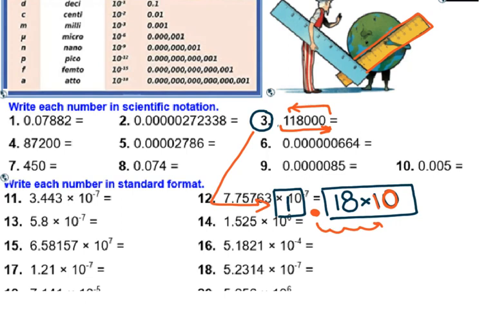So I have to move 1, 2, 3, 4, 5 positions. So that is 10 to the 5th. I don't have a prefix for 10 to the 5th, so I'm just going to leave it this way. So it is 1.18, or if you wanted to round it, it's going to be 1.2, times 10 to the 5th. And we decided all of these numbers are going to be in meters, so I'm just going to write m as meters.